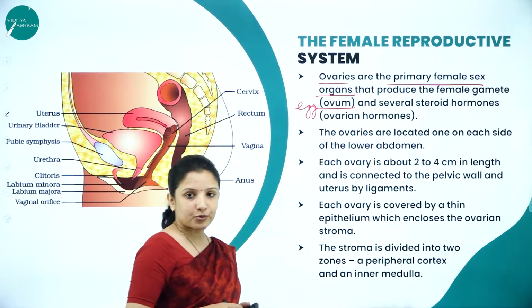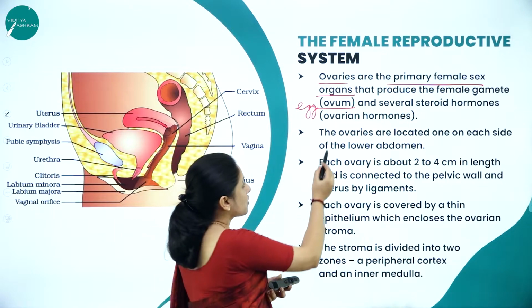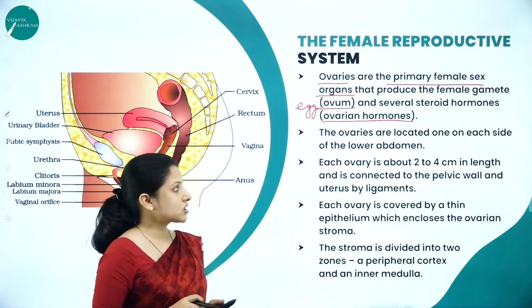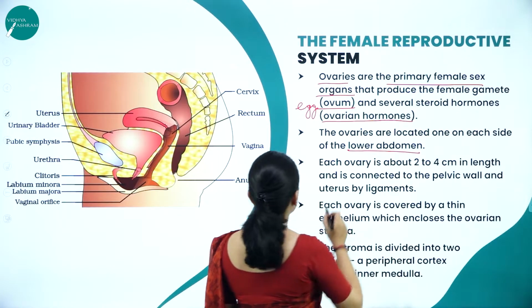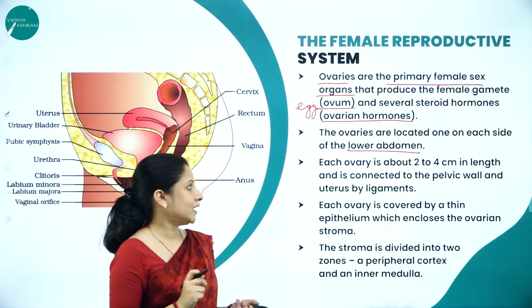They also produce several steroidal hormones, which are called the ovarian hormones. And the ovaries are located one on each side of the lower abdomen, in the lower abdominal area.